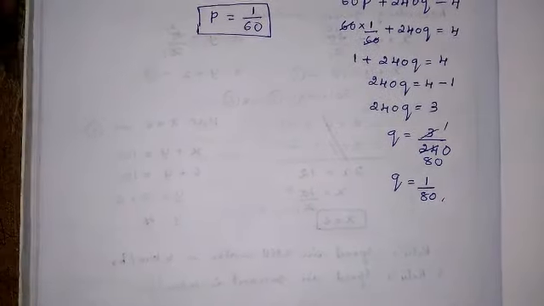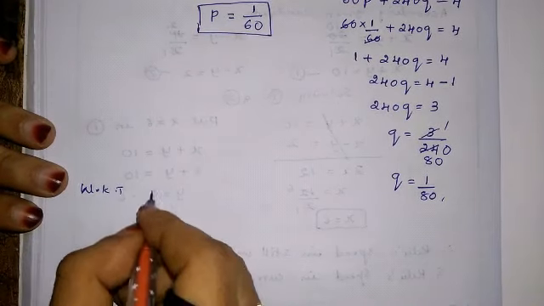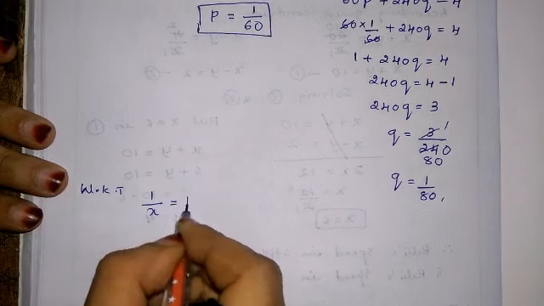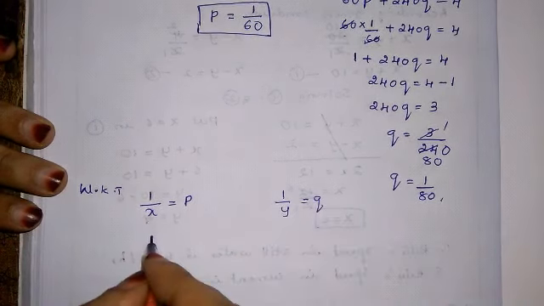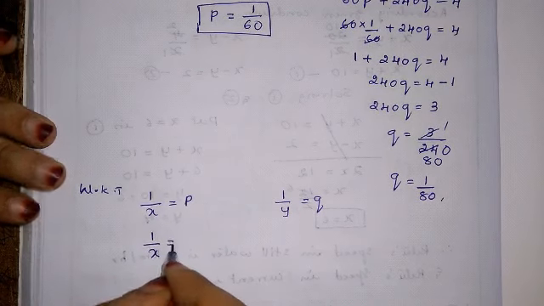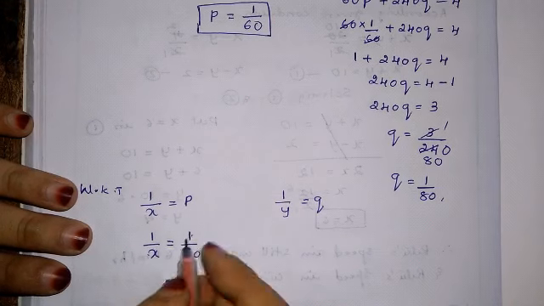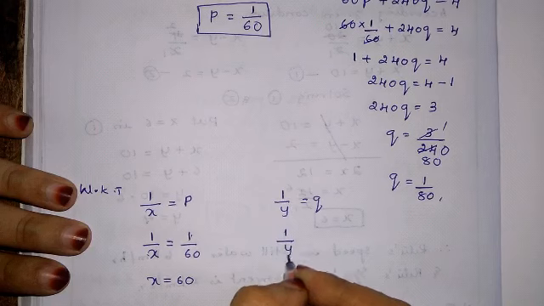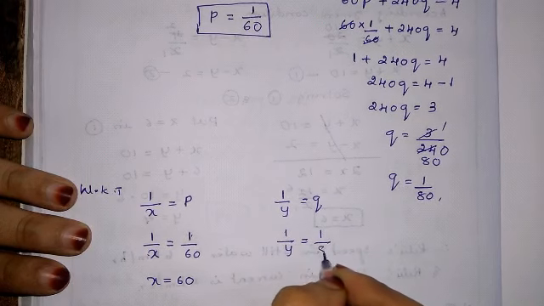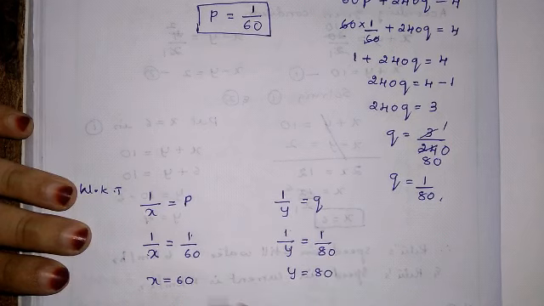Now we know that we have taken 1 by x is equal to p and 1 by y is equal to q. 1 by x, let it be as it is, p is 1 by 60. Cross multiply: x 1s are x, 60 1s are 60. 1 by y is equal to q, 1 by 80. y 1s are y, 80 1s are 80.